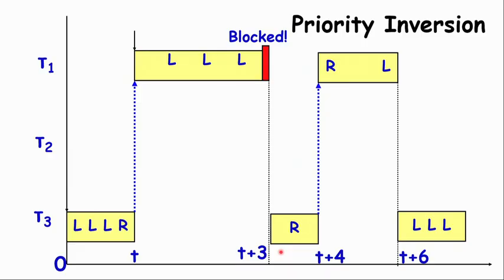Then let me just ask this question: what is the maximum duration for which task T1 can suffer priority inversion? The answer to this question is that it is equal to the largest duration for which the task T3 would need to use the critical resource R. Now, let us look at the unbounded priority inversion problem.